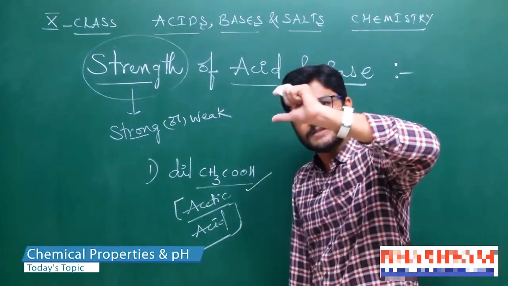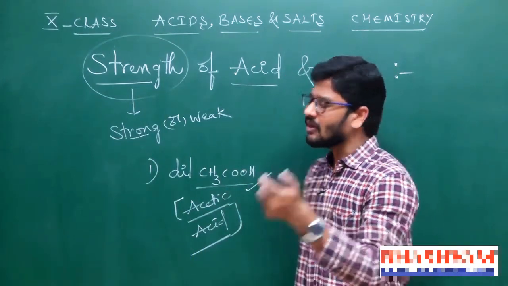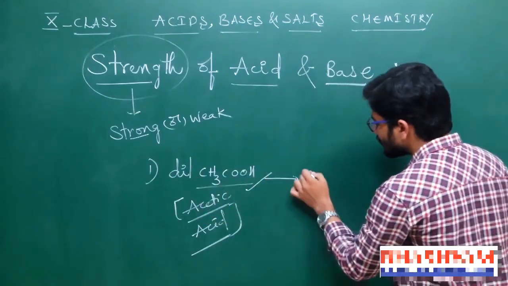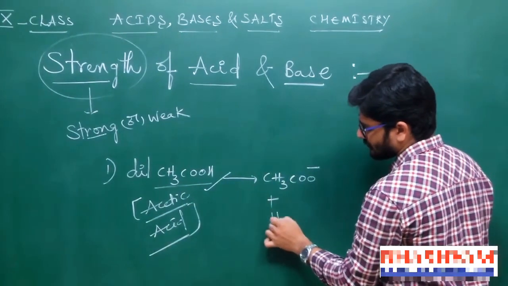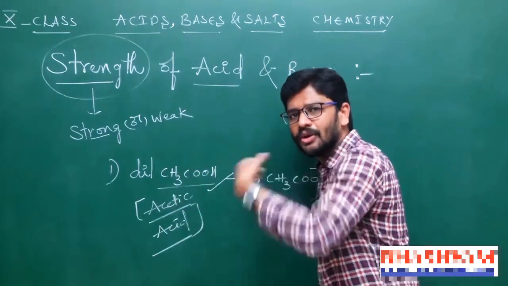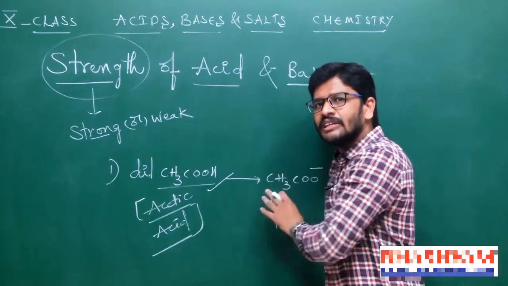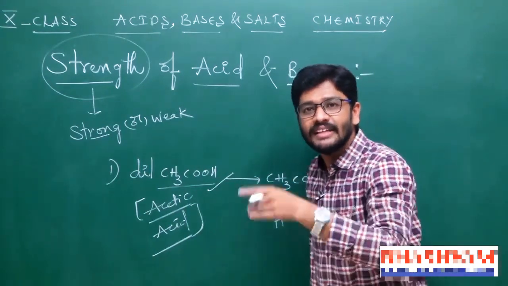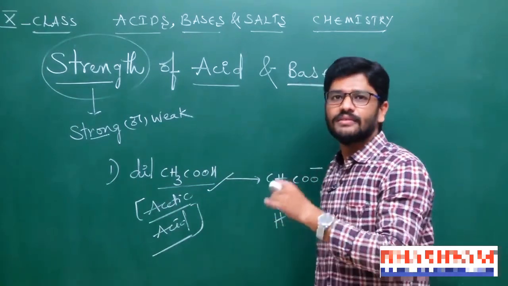Whenever electric current is passed through the electrodes into the solution, this compound dissociates into CH3COO minus and H plus ions. These ions move in the solution, so an electric current flows in the solution.